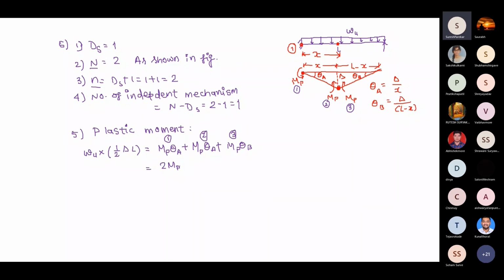2 MP. So I will go here 2 MP theta A plus MP theta B. Now 2 MP theta A we have delta by x, theta B we have MP into delta upon L minus x.